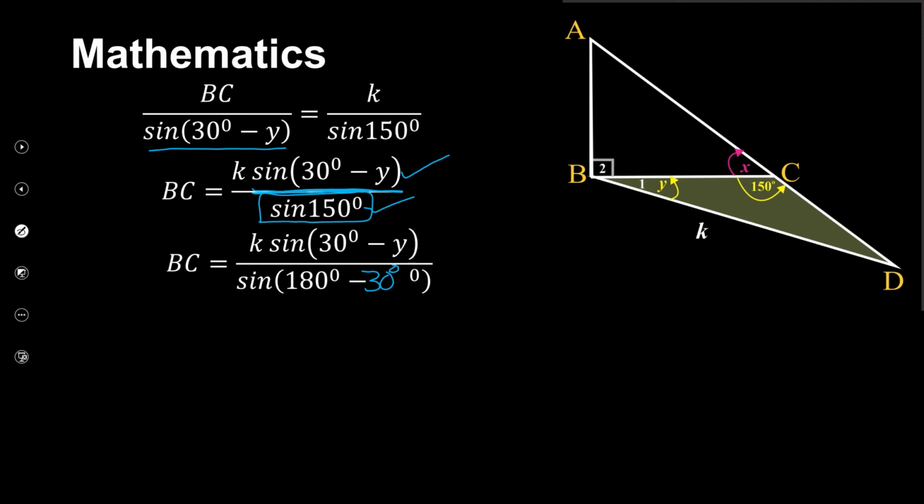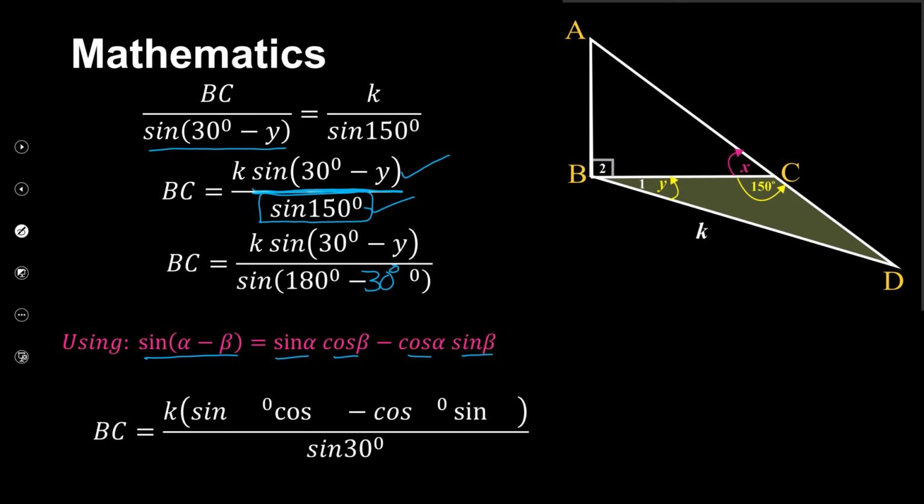If the question asks you not to use the calculator, then you'll have to proceed as we're going. So you'd make it an acute angle first. Then we're going to use this formula to split the 30 minus y up. So sine of alpha minus beta is sine alpha cos beta minus cos alpha sine beta. So let's do that. In other words, it's going to be sine 30 minus y.